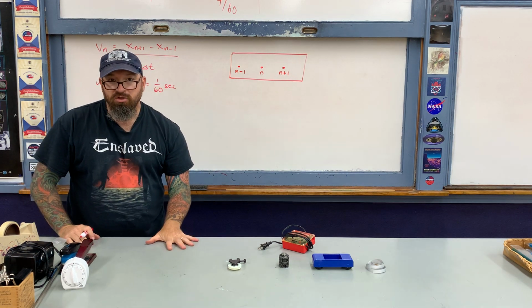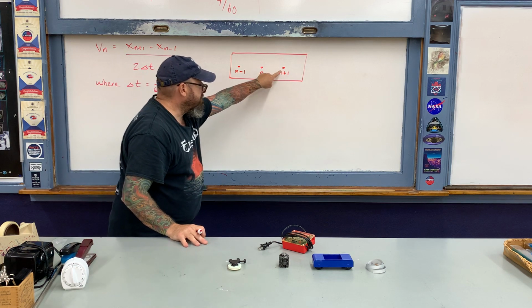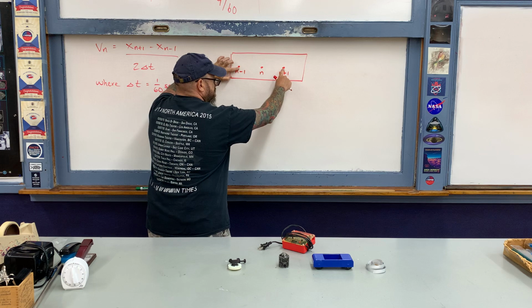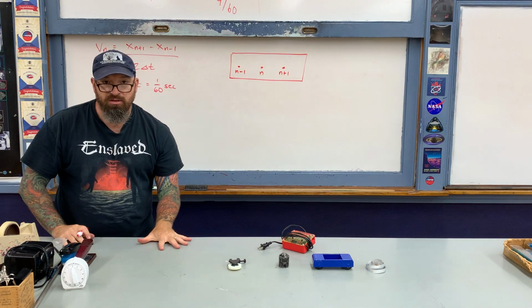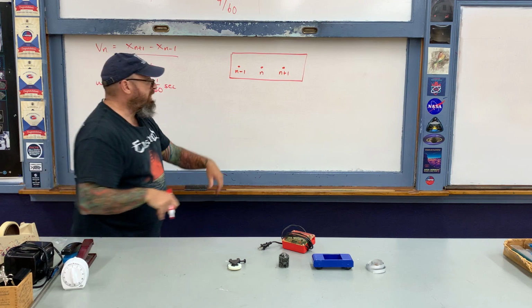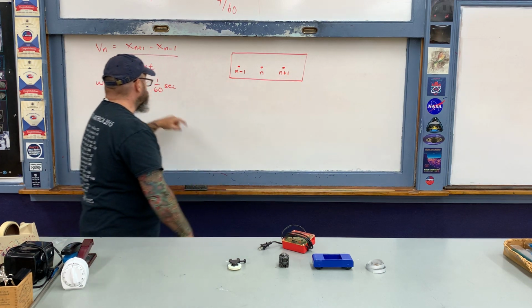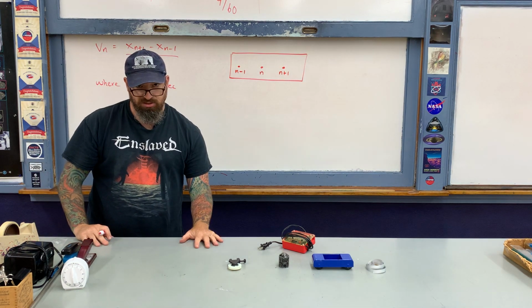So if you take a look at the numerator of the expression carefully, the position of this dot minus the position of this dot is actually just the distance between these two dots. And then the denominator of the expression is the time between these two dots. The time between these two dots is 2 times 1/60th of a second, or 2/60ths of a second.